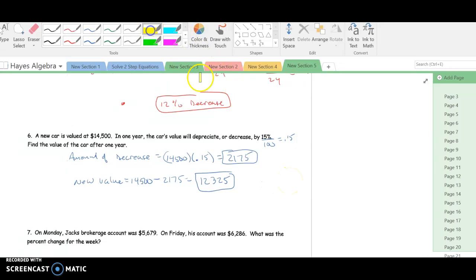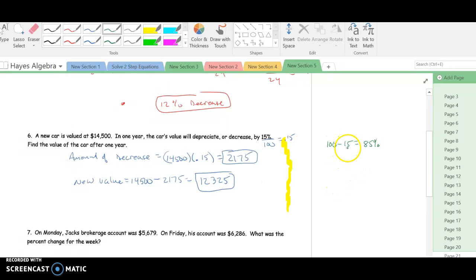Now, I know we talked about this last spring a little bit. I'm going to talk about another way to do it. This is just a different way to do it. If it decreased by 15%, that means it's still worth 100% minus 15%, which is 85% of the value.